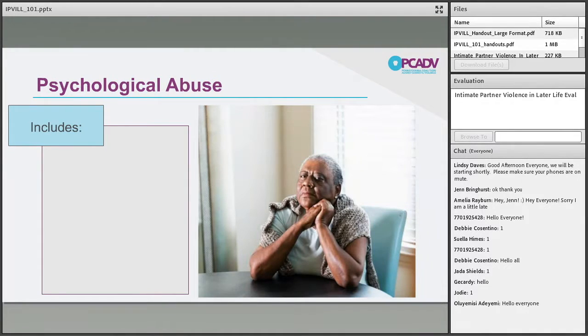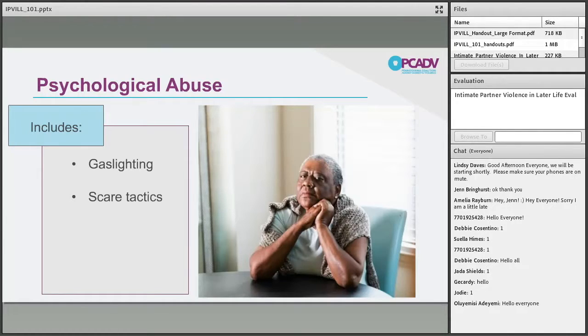So another new addition to our wheel is we added psychological abuse to the outer wheel. Traditionally it's just physical and sexual. We added psychological because psychological abuse is a long-term manipulation that's used against an older adult survivor to make them question their capabilities and reality. So psychological abuse can consist of gaslighting or telling the older adult that the abuse isn't happening when it actually is.